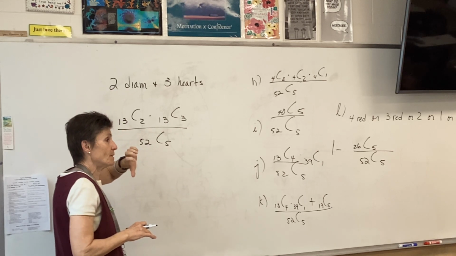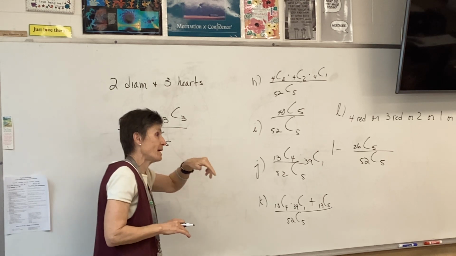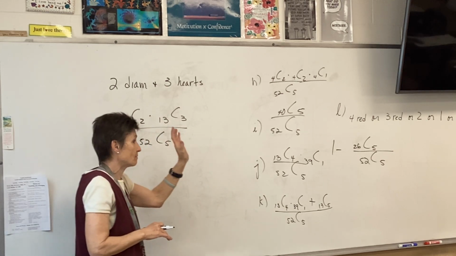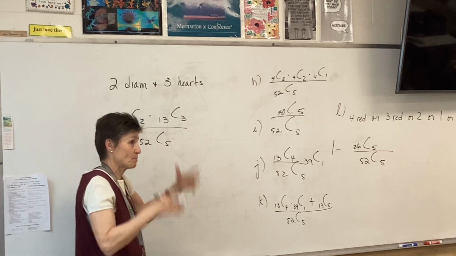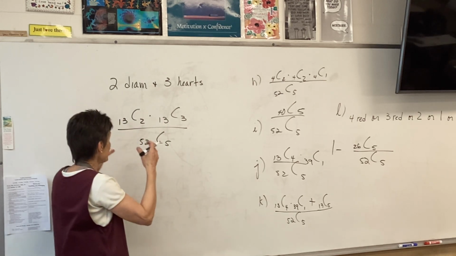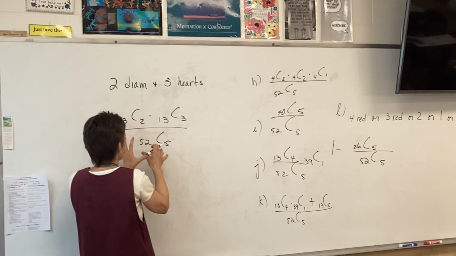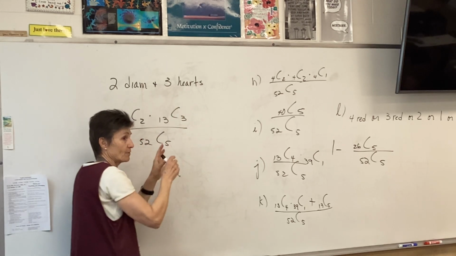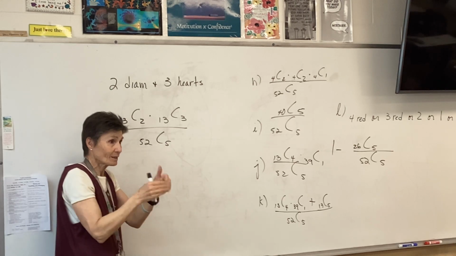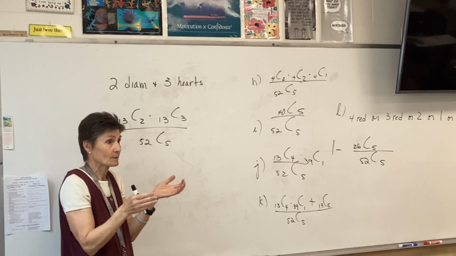What would the probability of 2 spades and 3 clubs look like? Same thing. And 3 hearts and 2 spades would look like the same thing, right? So this is essentially getting 2 of one and 3 of another. Now we just have to figure out how many of those combinations there are.